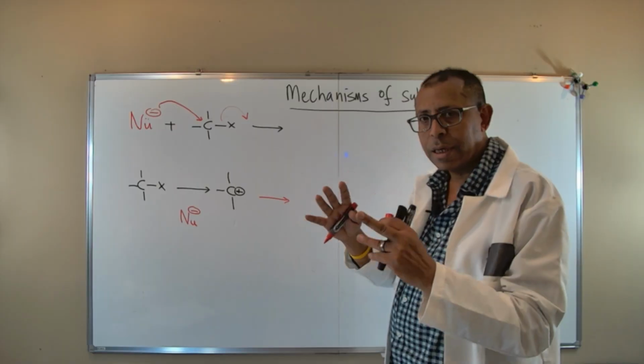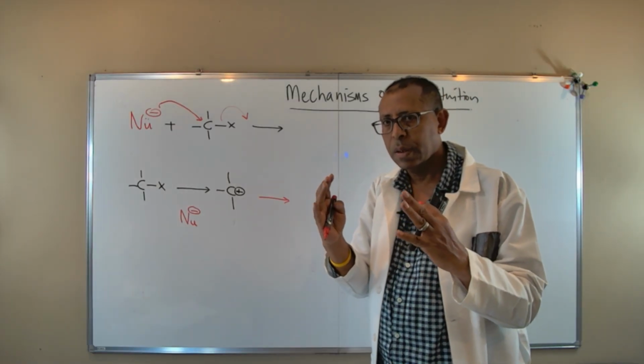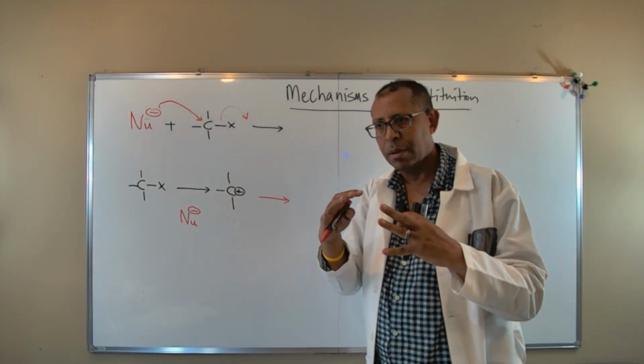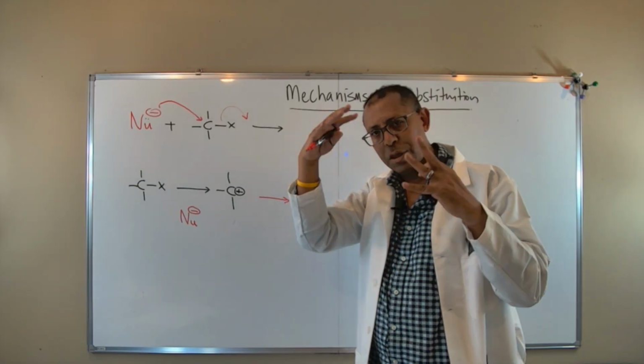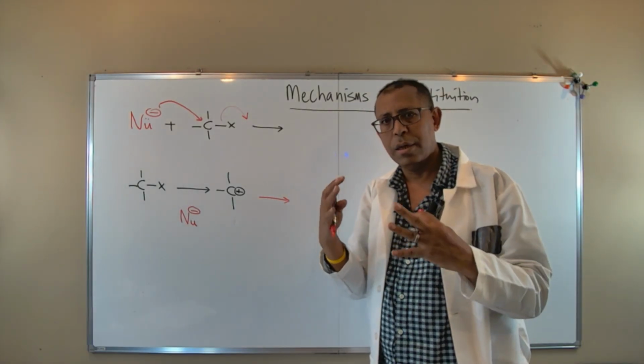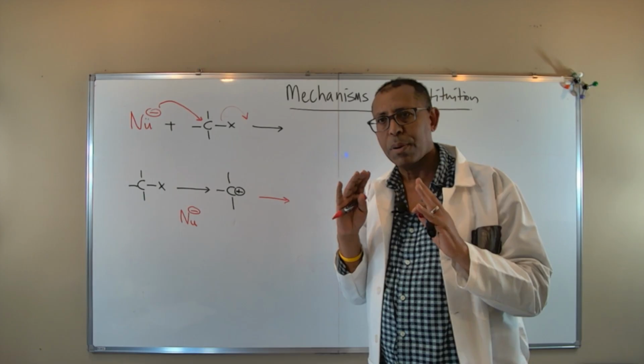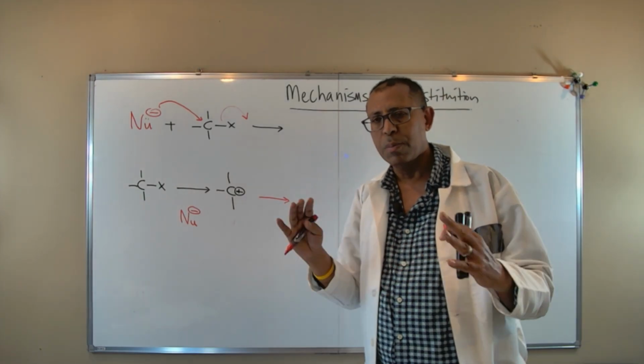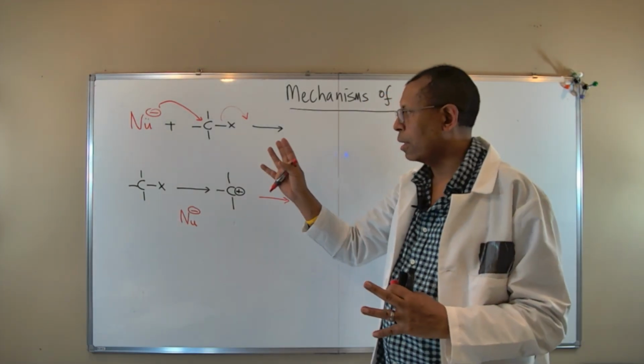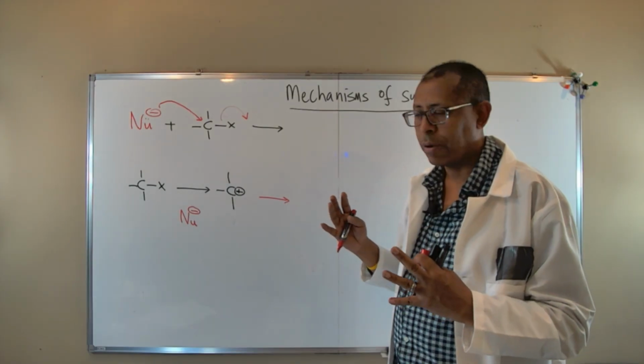So during the reaction you form a transition state, which is the highest energy complex before products are formed. If you remember energy diagrams, that's what we call the transition complex.